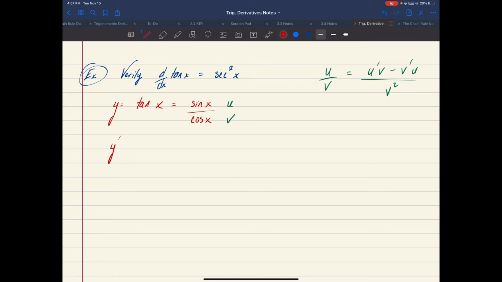Now let's take the derivative. The derivative of u is cosine, and then it says multiply by v, which is cosine. Then subtract the derivative of v, so negative sine, and multiply that by u, which is just sine, all divided by v squared, or cosine squared x.